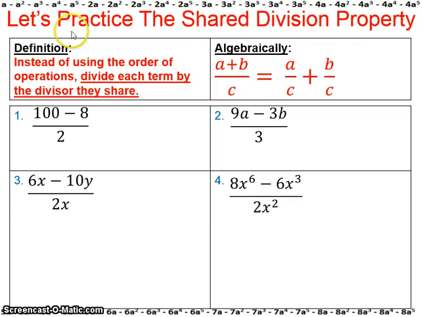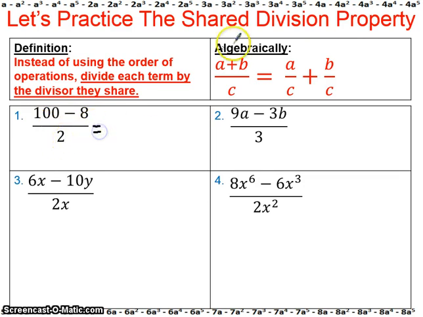Now, at the top I have reminding you the definition and algebraically what the shared division property looks like in case you need to look up there. So let's look at 4 examples. We have 100 minus 8 divided by 2.